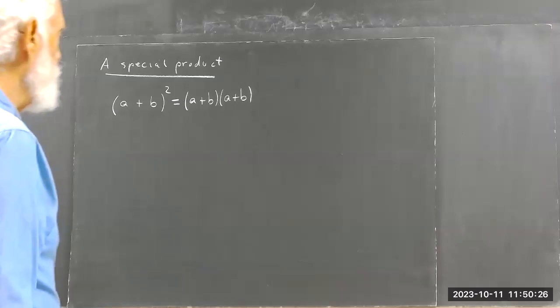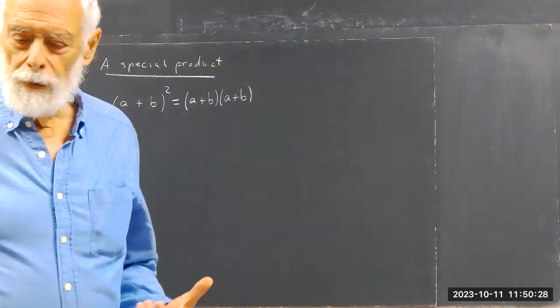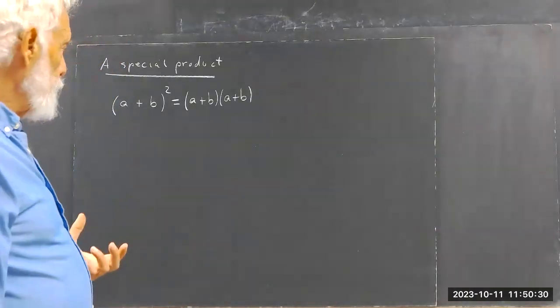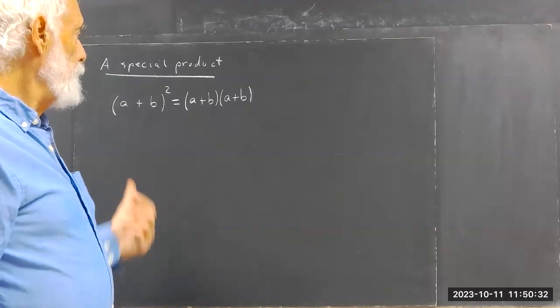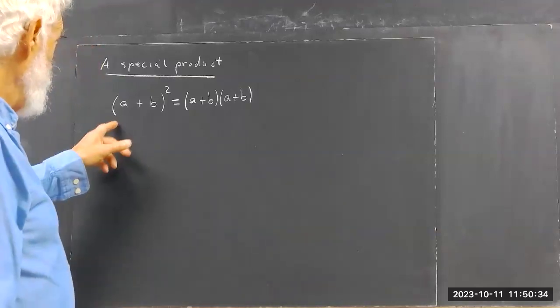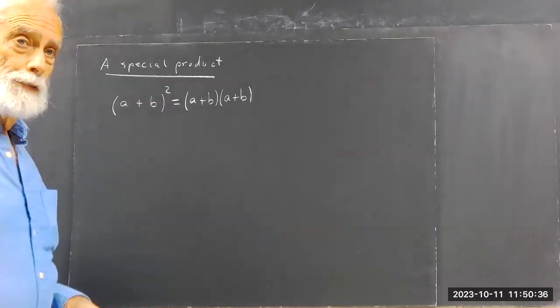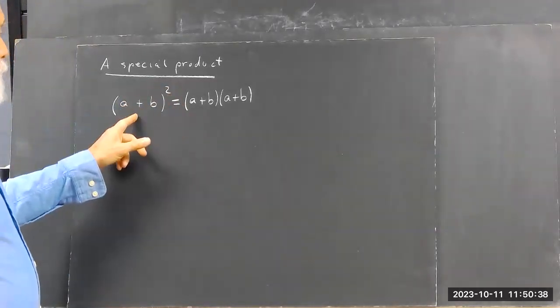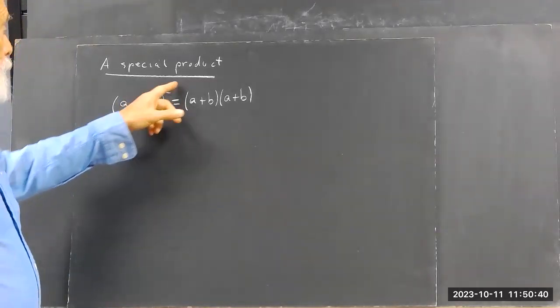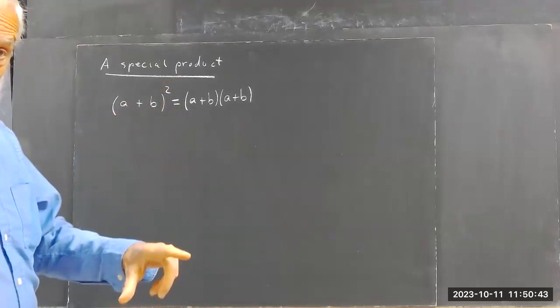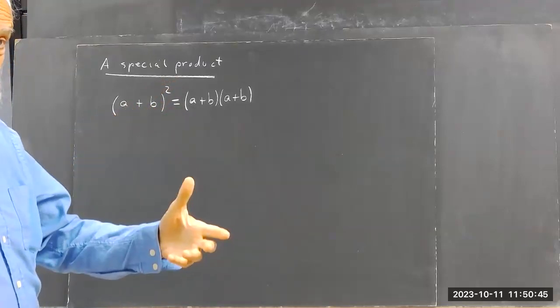Okay, the most common answer I get when we do this is, well, that ought to be a squared plus b squared. It's like the squaring distributes over addition. But squaring doesn't distribute over addition. Multiplication distributes over addition. Squaring doesn't.